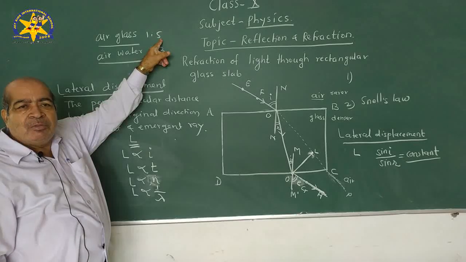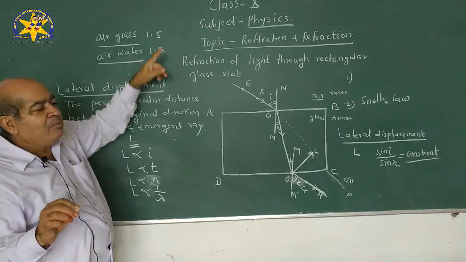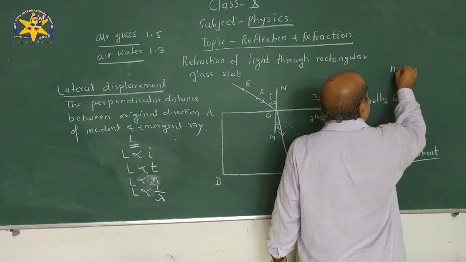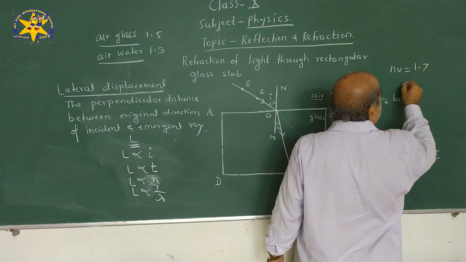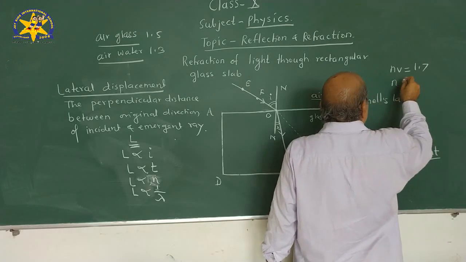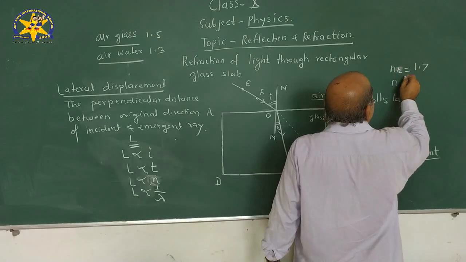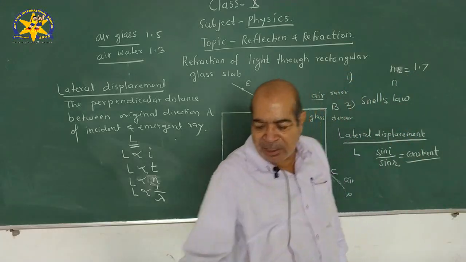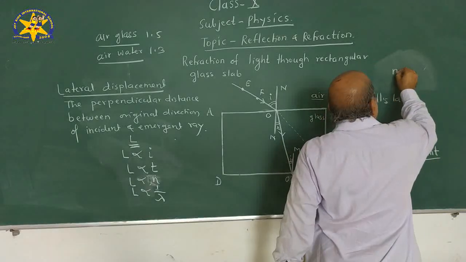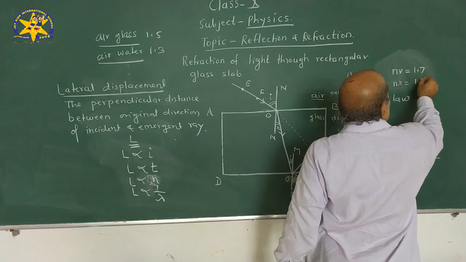Hence, in that law, the phrase for a given pair of media is important, and so is for a given color of light. The refractive index for the violet color is 1.7 and for the red light it is 1.5. So the refractive indices for different colors are: mu v, or n v, is equal to 1.7 and n r is equal to 1.5.